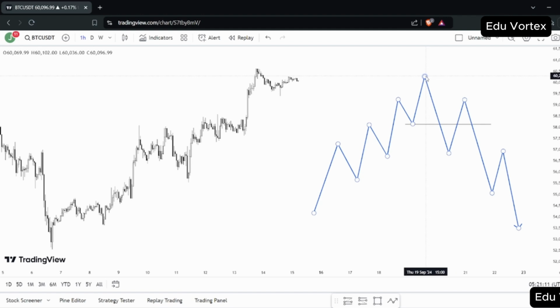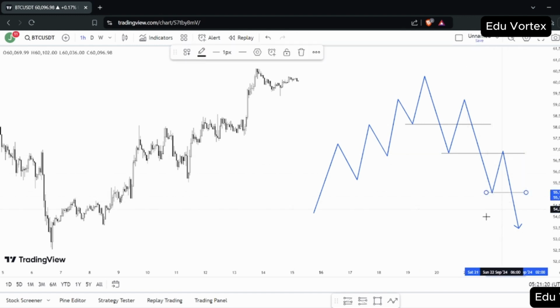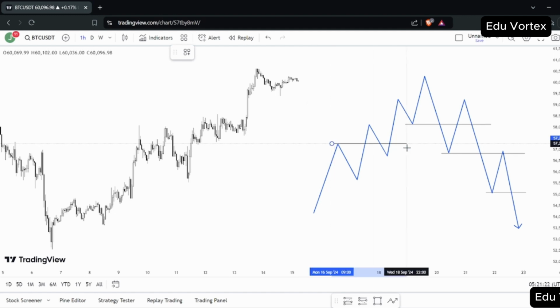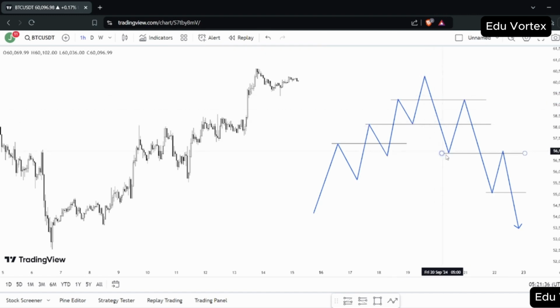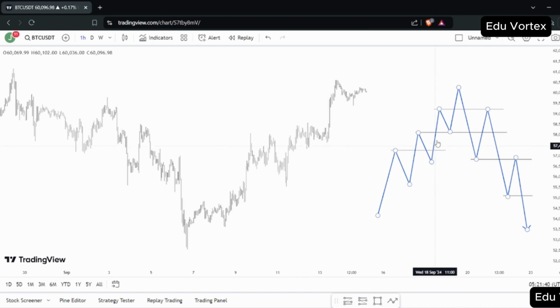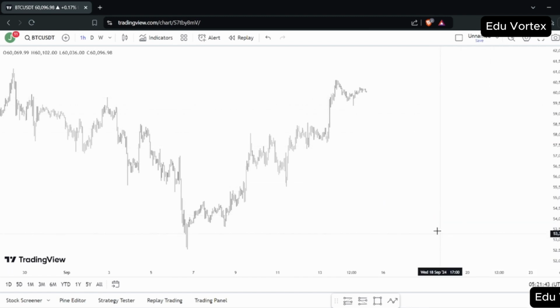We'll talk about that later on, but it's above the 50%, and continue to break the lows. In a bullish structure, we break highs and make higher lows. That's how it works. And in a bearish structure, we break lows and make lower highs. That's how structure looks both ways.